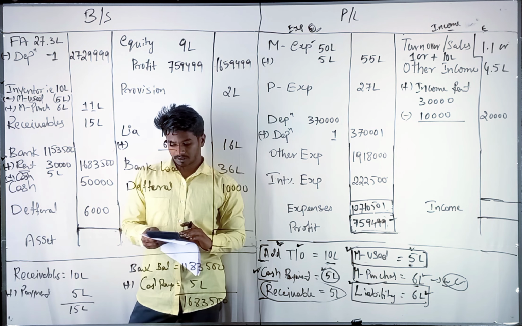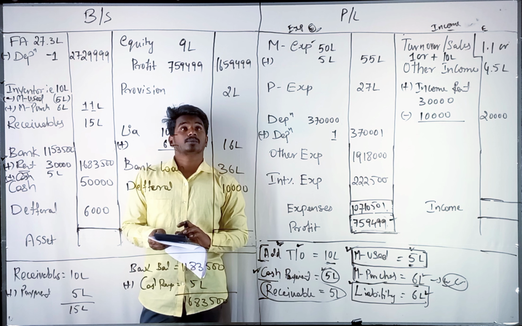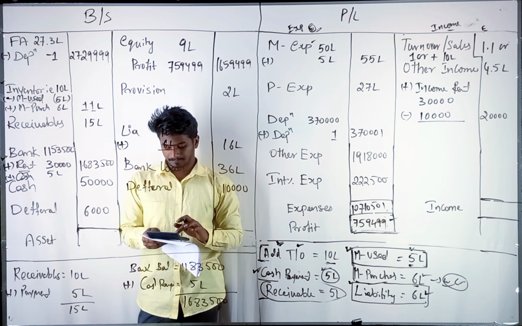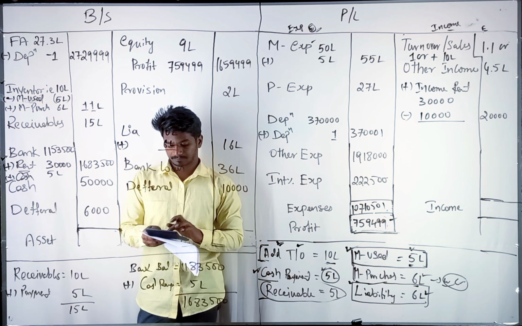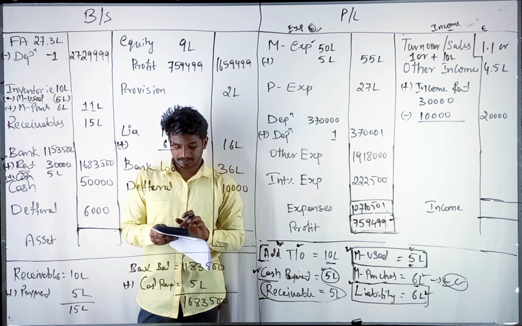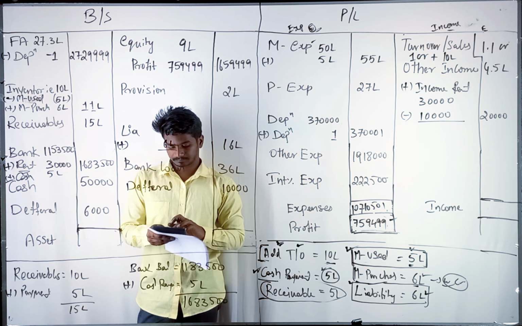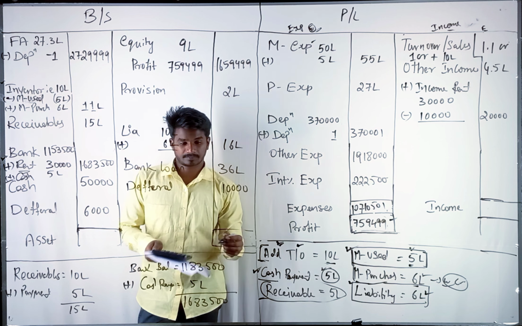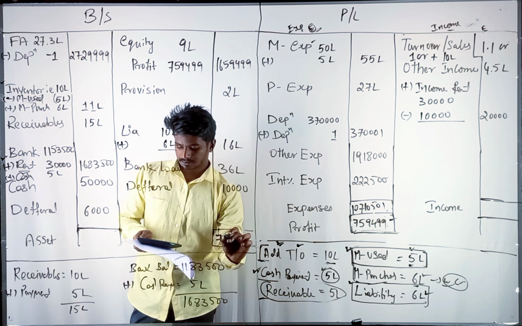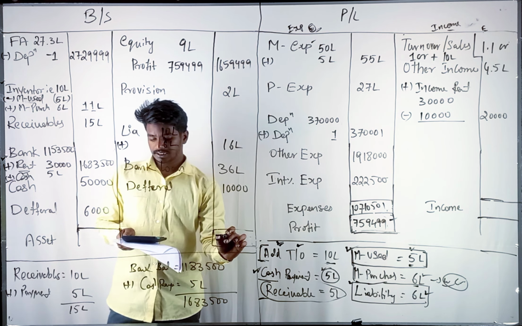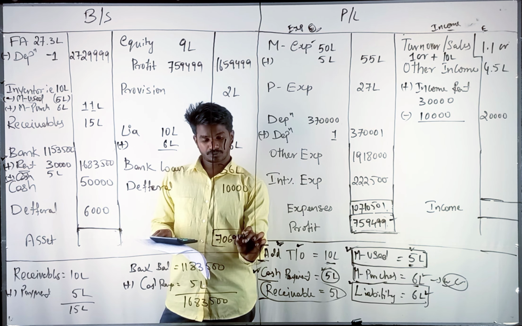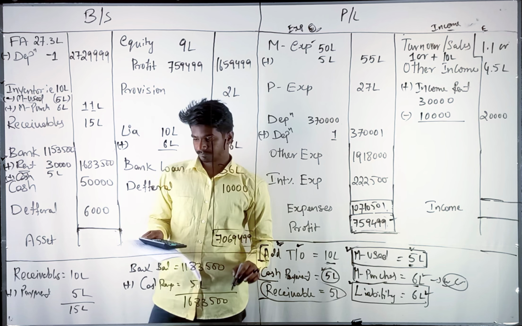How much it comes out? 16 lakh 59,499 plus 2 lakh and 16 lakh and 36 lakhs and again 10,000. It comes out 70 lakh 69,499.